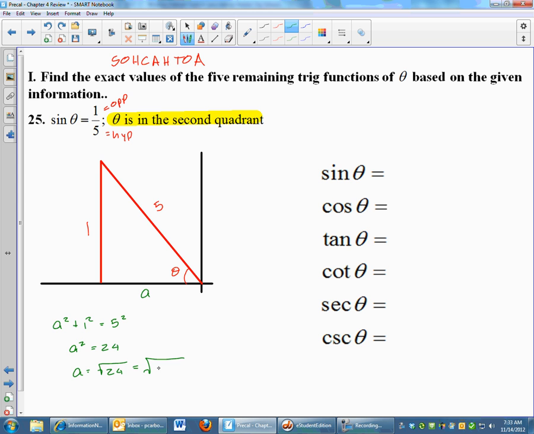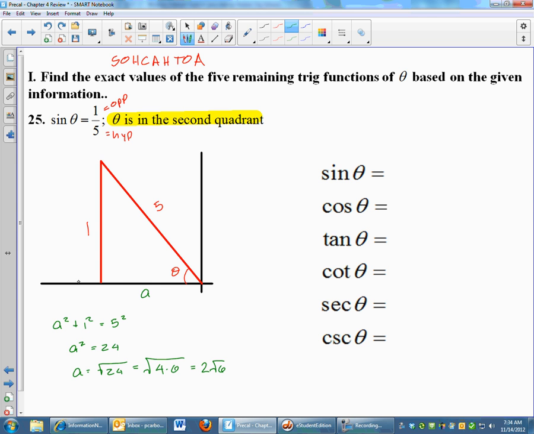24 is 4 times 6. The reason I chose 4 and 6 is because the square root of 4 is sexy. That's 2. So A is 2 root 6. But you have to be careful. This is why the quadrant is important. If I start at the origin and I travel left and then I travel up, traveling left is a negative measure.